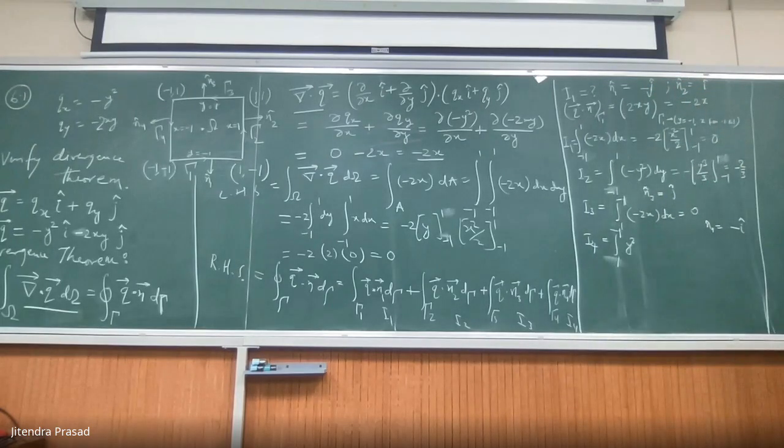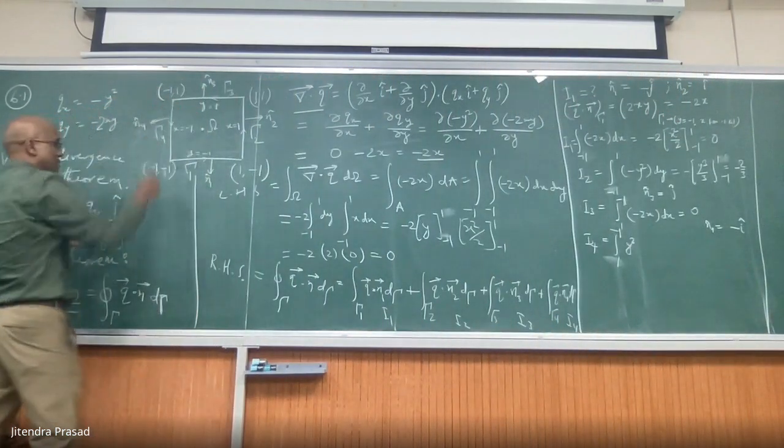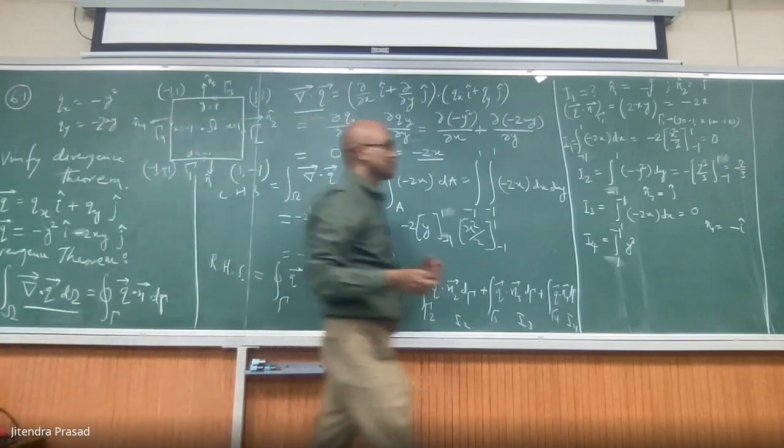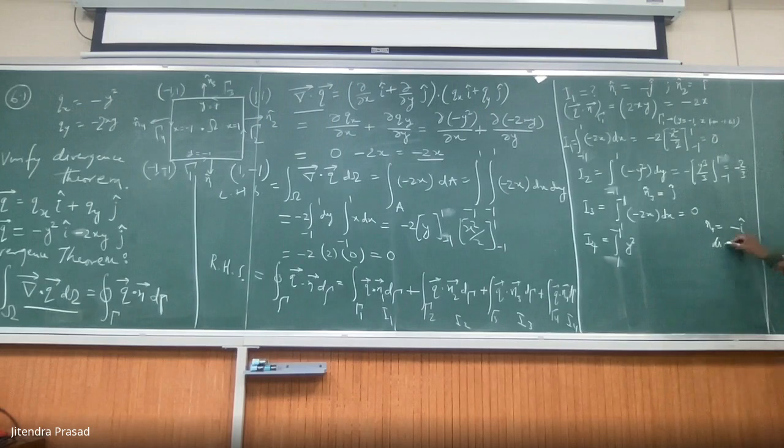That's correct. And then we have which is varying this way. Our ds is equal to minus dy.